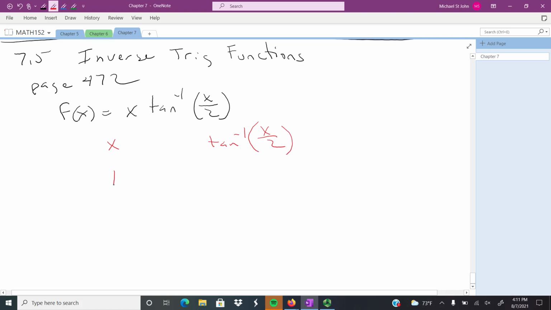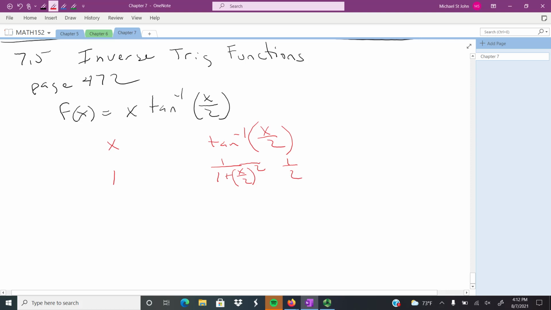Derivative of x is 1. The derivative of this inverse tangent is going to be 1 over 1 plus x over 2 squared times 1/2. Oops, sorry. And 1/2 shouldn't be there. Let me fix that a bit. And my 1/2 should actually be up here.